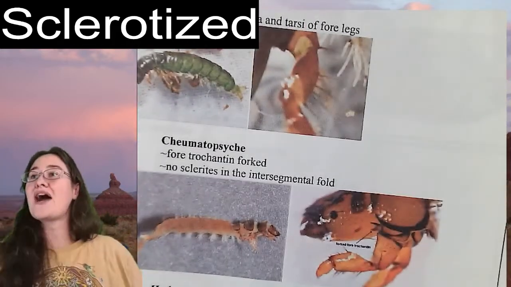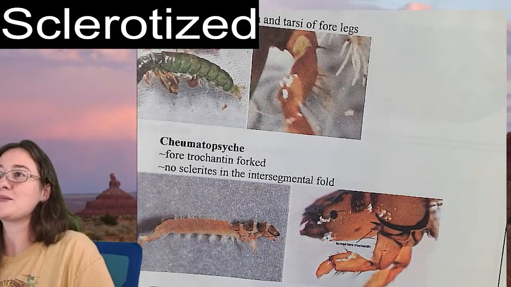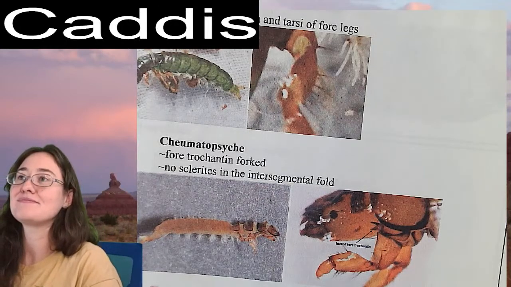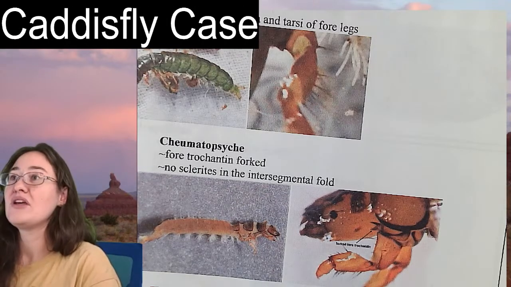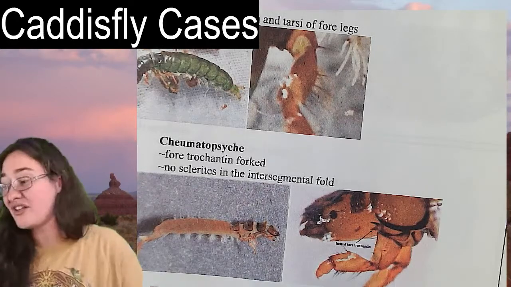Alright. Now, I'm just going to go through really quick some of our caddisflies because I think they're adorable. We're just going to look at the cases really quick so that you can see kind of what they look like.